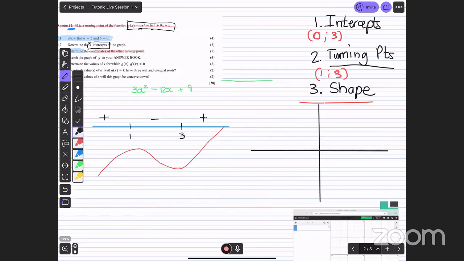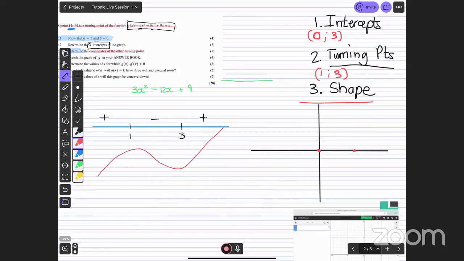You can draw this with me, like a draw along. And then the other x-intercept is 0. What's the y-intercept? Also 0, right? Because there's no constant.